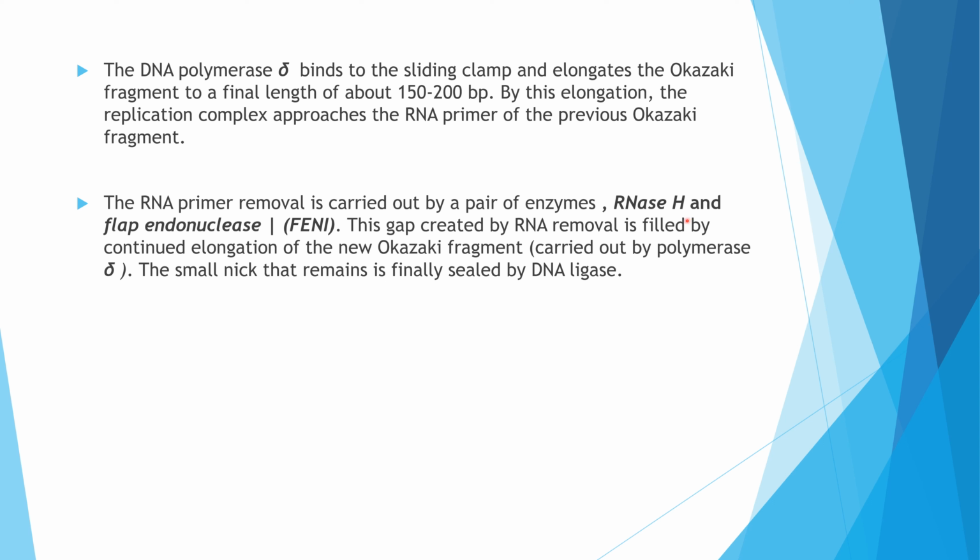RNase H and flap endonuclease 1 are involved in the removal of the RNA primer, and after the removal the gap is filled by the activity of polymerase delta, and the small nick that remains is finally sealed with DNA ligase activity.